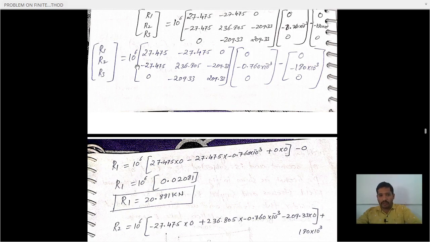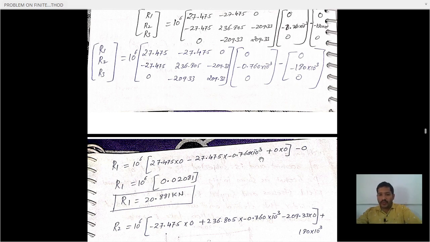Let us see. I am taking this R1 value. R1 is equal to 10 power of 6. I am multiplying the first term 27.475 into the first vertical value, which should be 0. Again minus 27.475 into minus 0.760 into 10 power of minus 3 plus 0 into 0, 0 minus 0.